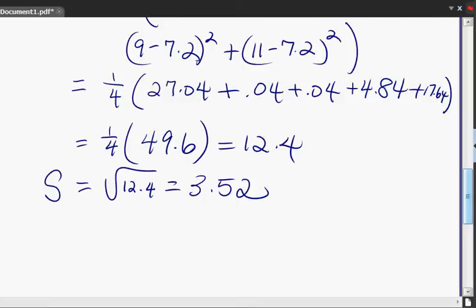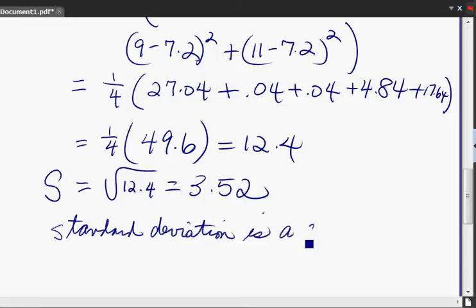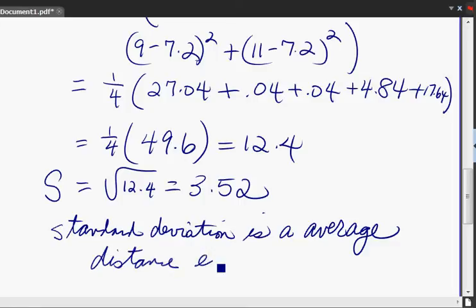So I'll define in words the standard deviation is an average distance each value is from the mean.